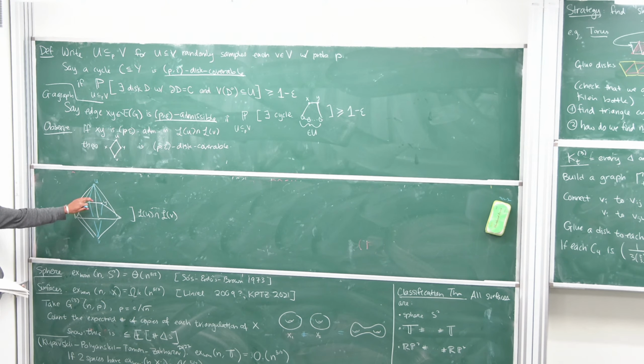So the problem of counting disk coverable cycles can be boiled down to counting admissible edges in the intersection of a link graph. So let's talk a little bit about how we bound such things.